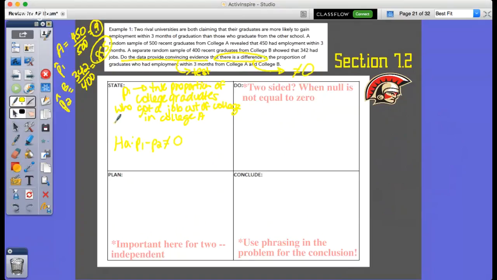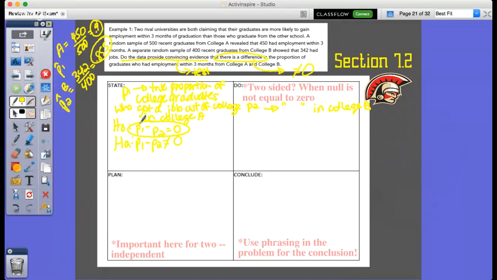And then also our P sub 2, and I'll put that right over here. This would be the same exact thing, and I would rewrite the same exact thing, except in college B. Okay, so remember, we can't assume that there is a difference. Our null hypothesis must state that P1 minus P2 is equal to 0, meaning that there is no difference, right?